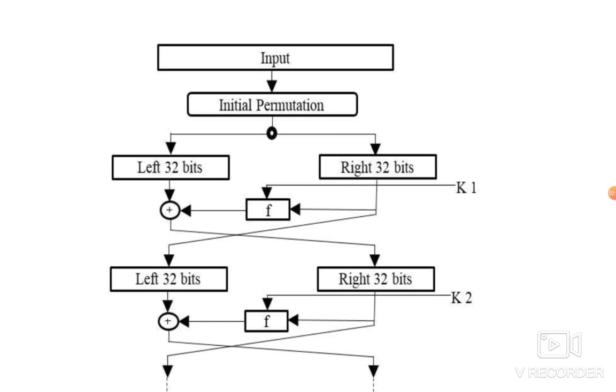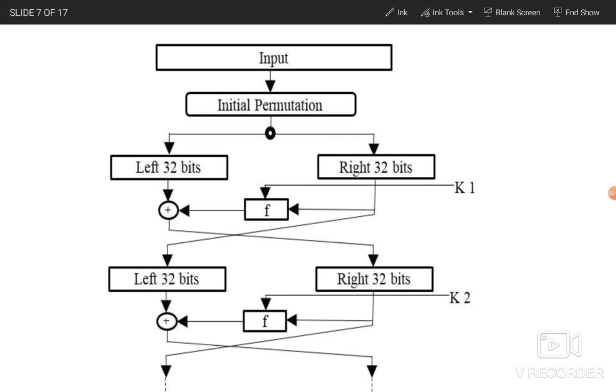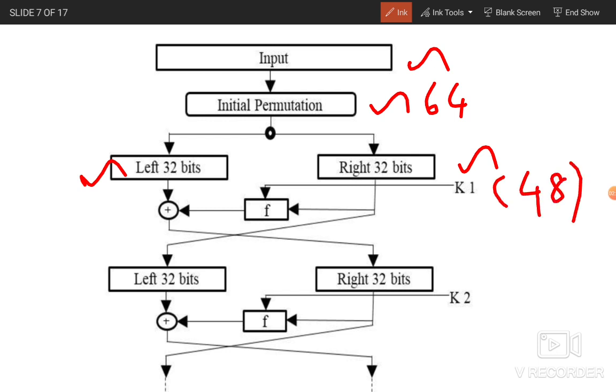So this is the overall diagram. We have the input. First we go with the initial permutation. After the initial permutation it is divided into two halves. So the 64-bit plain text is divided into two halves, 32-bit and 32-bit, and our key size is 48.